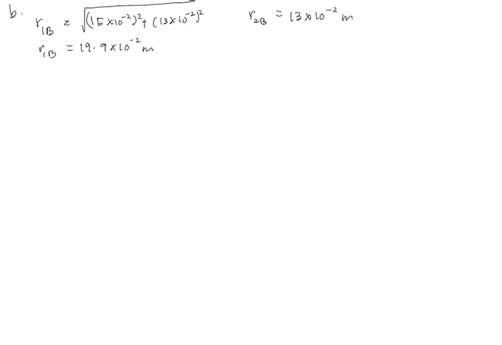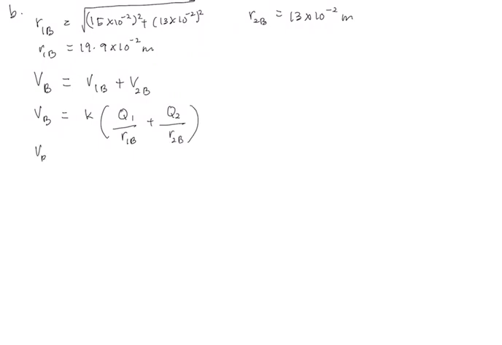Now, VB, you want VB, right? Electric potential at B, which is V1B plus V2B, because you have two charges. If you have more, then you have to add more. Then VB is K Q1 over R1B plus Q2 over R2B.